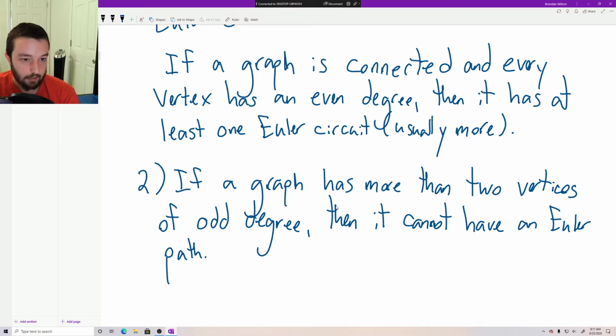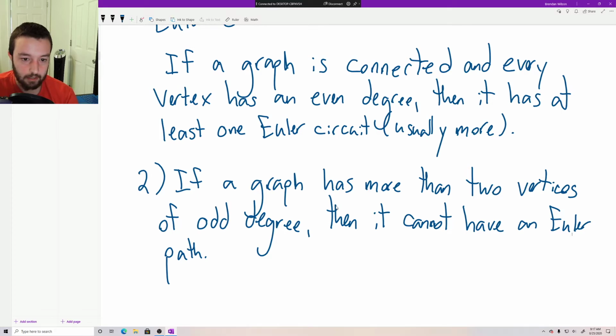So for circuits, once you have any vertices of odd degree, it's impossible to have the circuit. But for an Euler path, it still is possible. You just can't have more than 2.